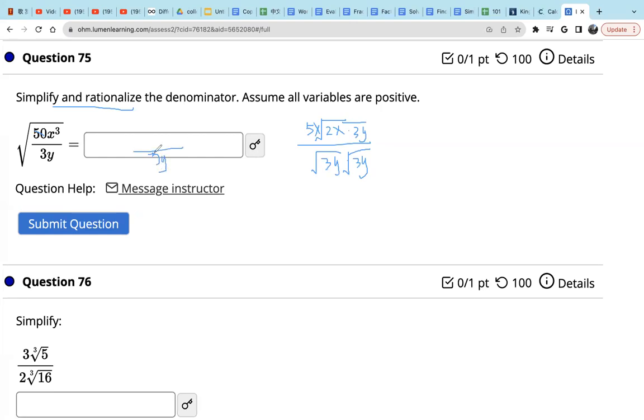The numerator becomes 5x outside the square root. Inside the square root, we have 2 times 3, 6xy. Okay, so our final answer is 5x times square root of 6xy divided by 3y.